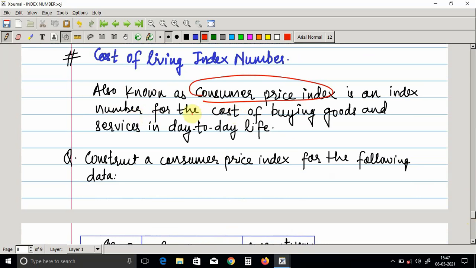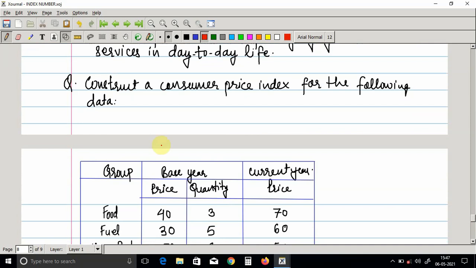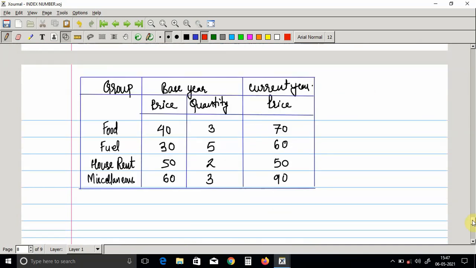It is an index number which measures the change in the cost of buying goods and services in day-to-day life. So how much is the increase in the cost of the commodities that you were purchasing in the base year and now. So this is also inflation. So you have to construct a consumer price index number for the given table.